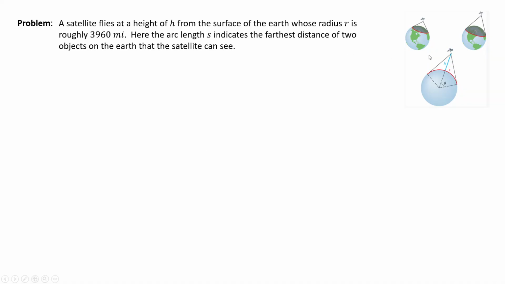So let's take a look at this. The satellite is positioned way up here, and it can see this horizon, which is nothing but a tangent to this circle. A sphere in one view will look like a circle.